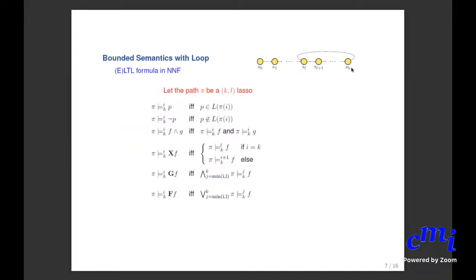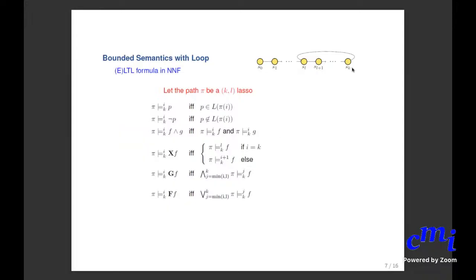Since the path is looping into a state sl, all you need to do is check if F is true of the suffix of the k-long path starting from sl. And that's what is defined. That is for the case when I is equal to k.